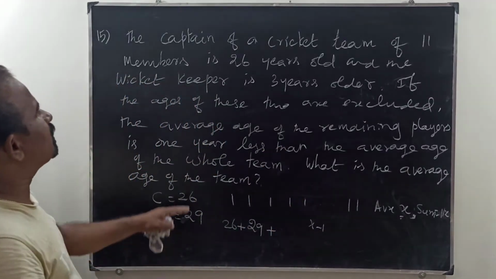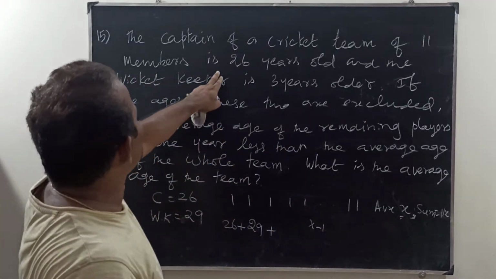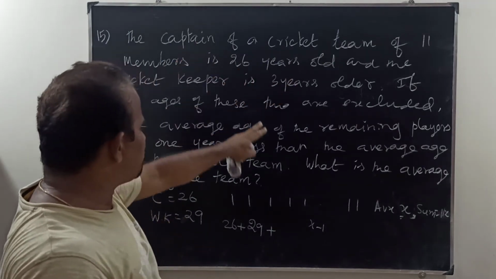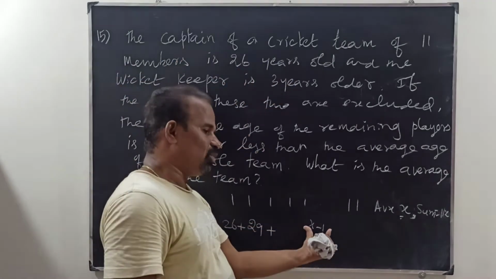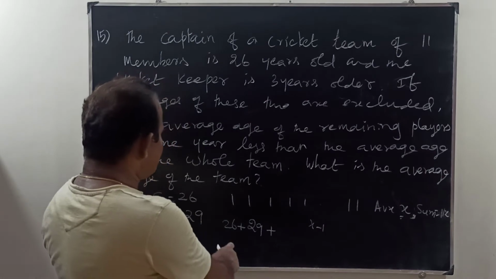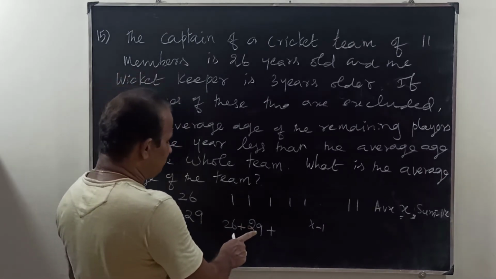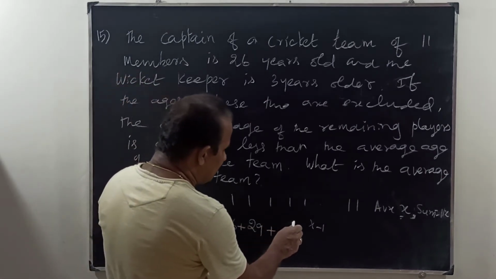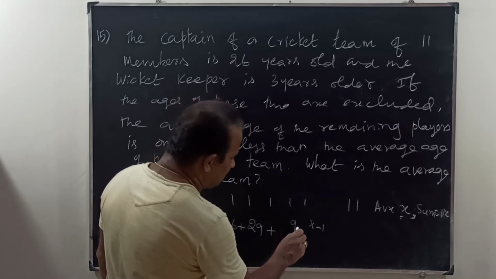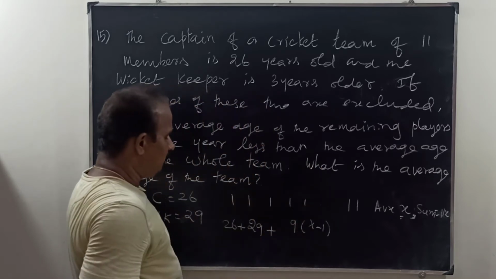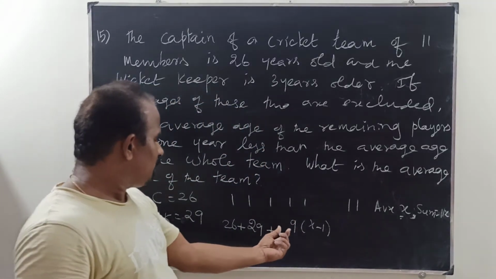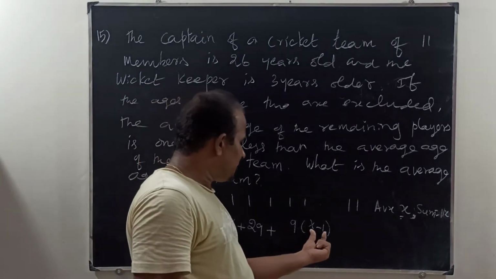So the total age of the 9 members is 9 into x minus 1.